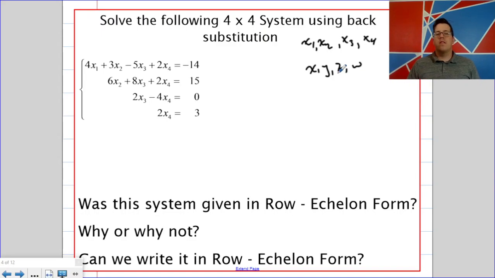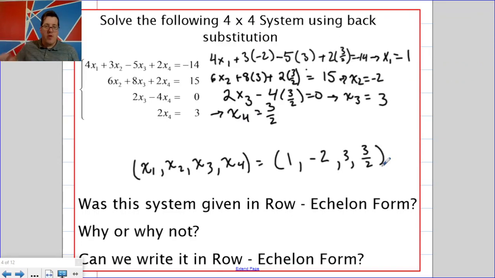So what I want to see is if you can solve the fourth equation, x4 equals 3/2, and then back substitute to try and solve this. Go ahead, pause the video, give that a try. I'm over here now. Okay, so I got 1, -2, 3, 3/2 as my solution.